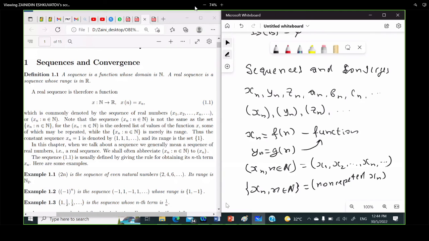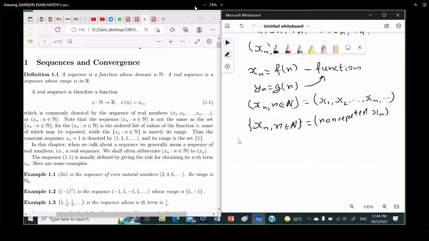For this one, it is the ordered list of values of the function x, some of which may be repeated, while this one is merely its range. This one is the range of xn. This xn is listing all the elements.